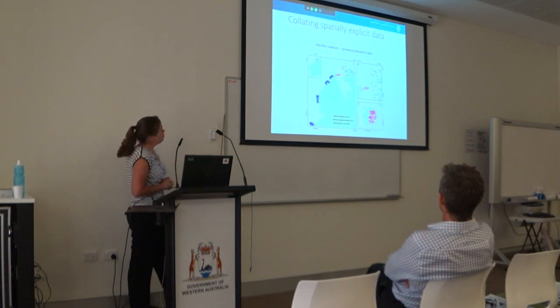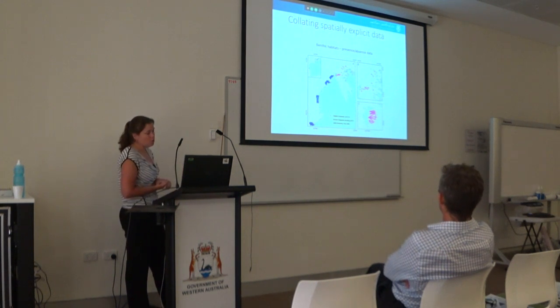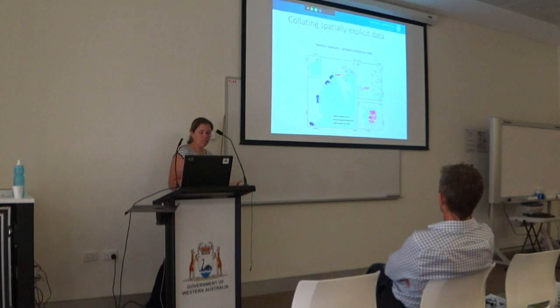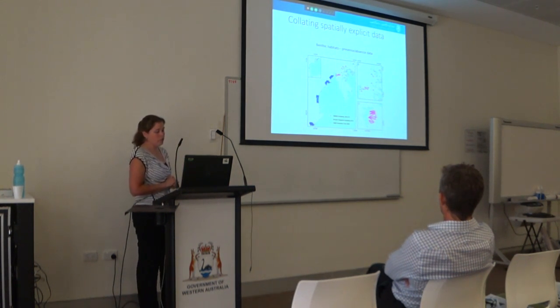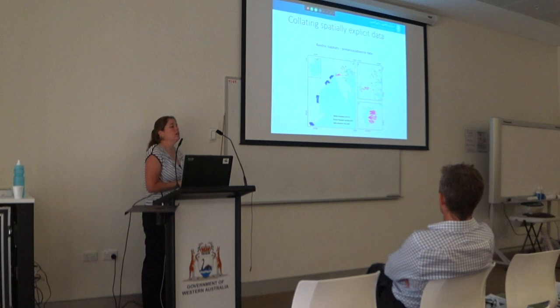So from there, also building up a spatially explicit database of any habitat information that exists. There is quite a bit of information that dates back to 2008 through AIMS.